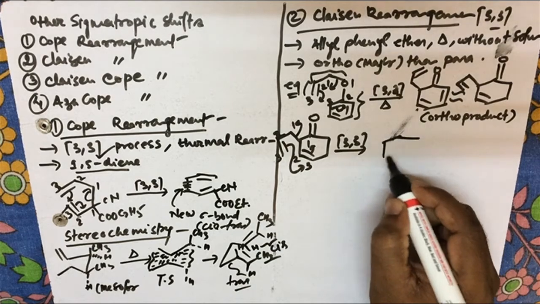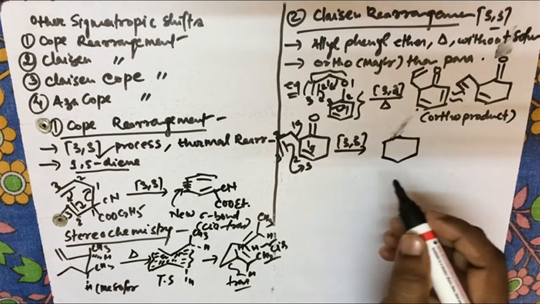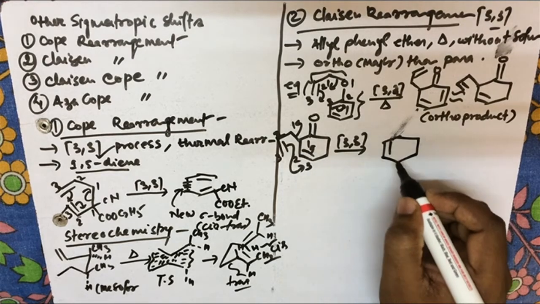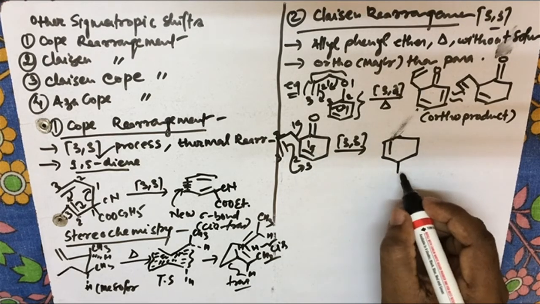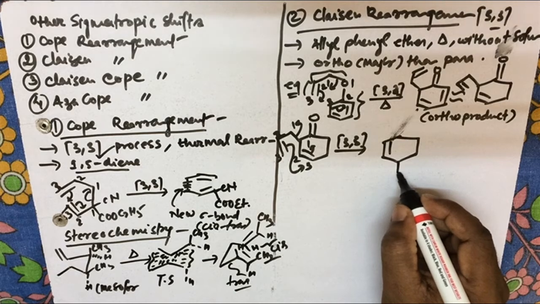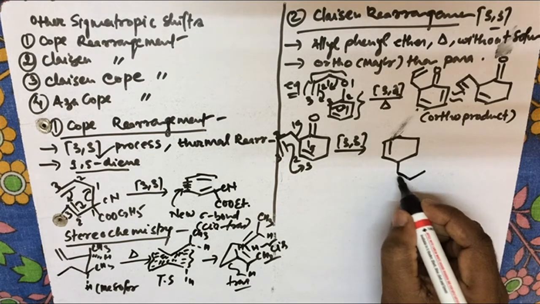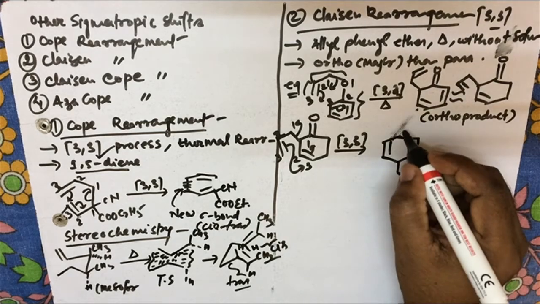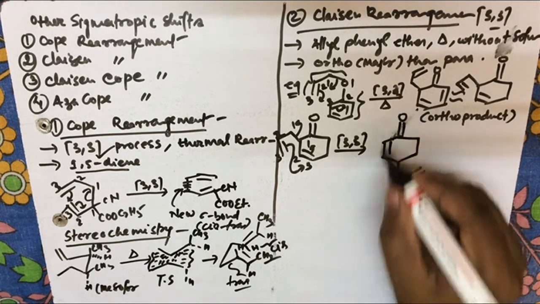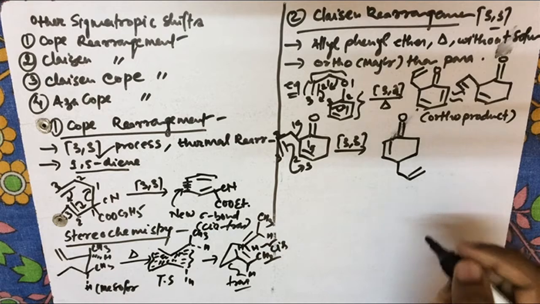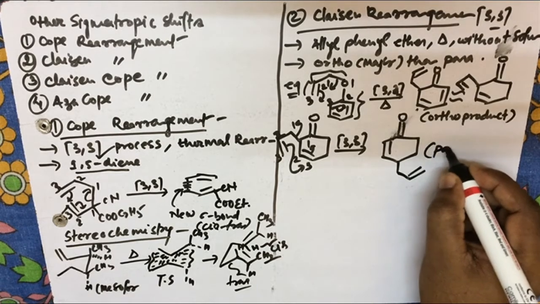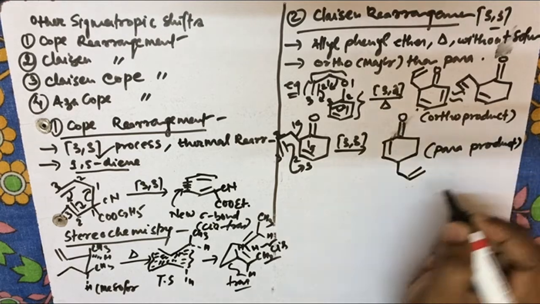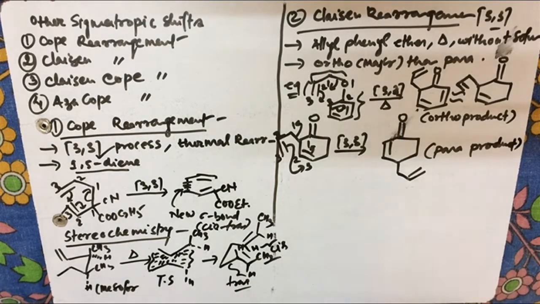So you will get the para product, 1, 2, 3 carbon. So you will get these types of products. This is the para product.